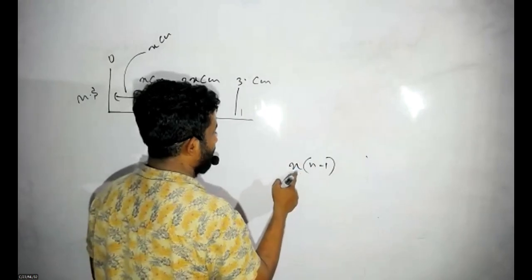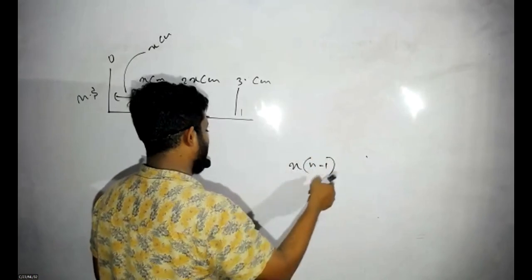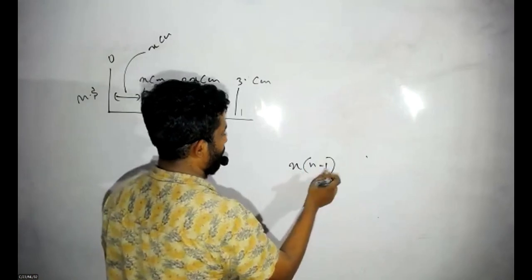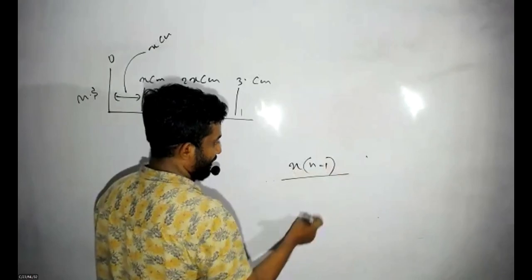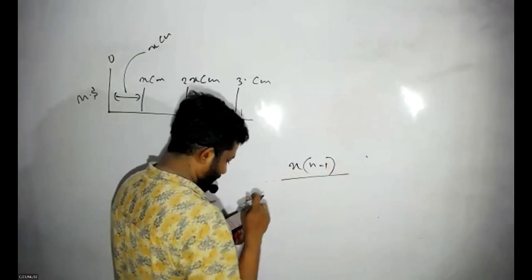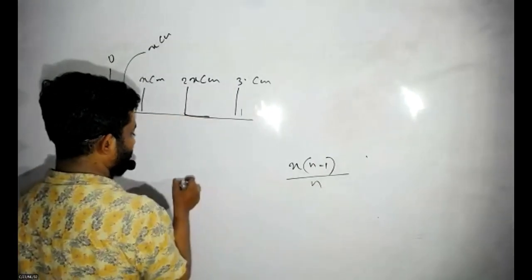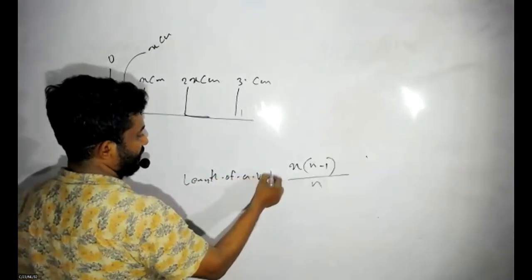That is, the total length of the main scale is x into n minus 1. The number of main scale divisions is n minus 1. Then n minus 1 into x is the length of the main scale that coincides with the vernier scale. Divide into how many vernier divisions? Simple. Then you can identify the length of a vernier division.